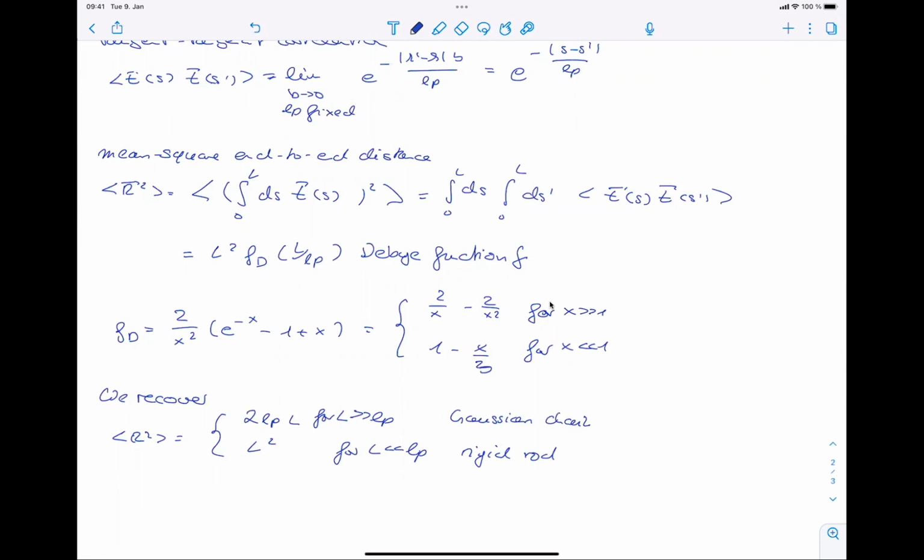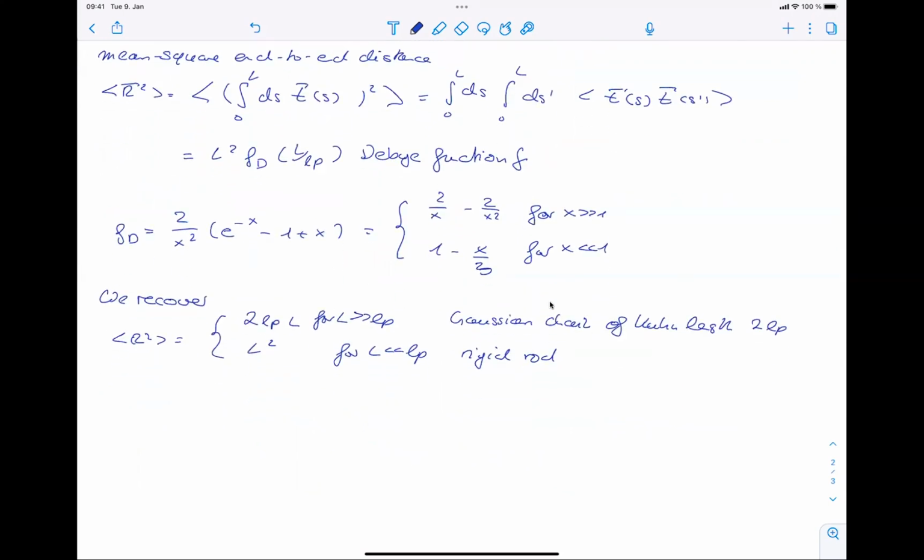And we can then again identify this Kuhn length as twice the persistence length. So twice the persistence length would be the level at which, if you have long enough of a polymer, you could consider having statistically independent orientations of subsequent segments again.